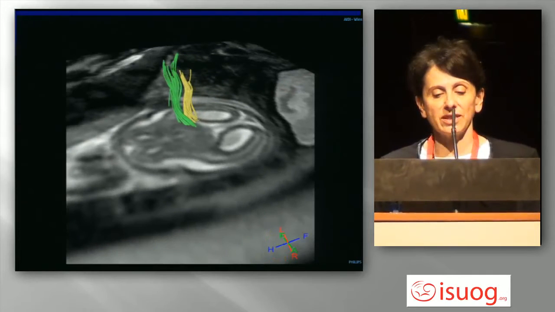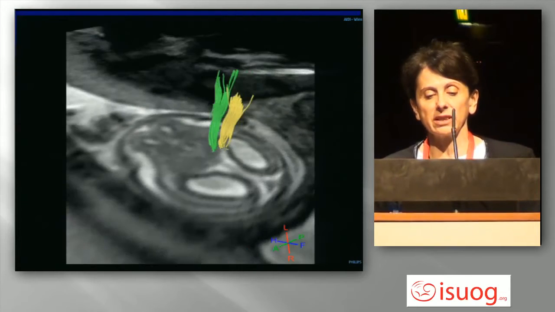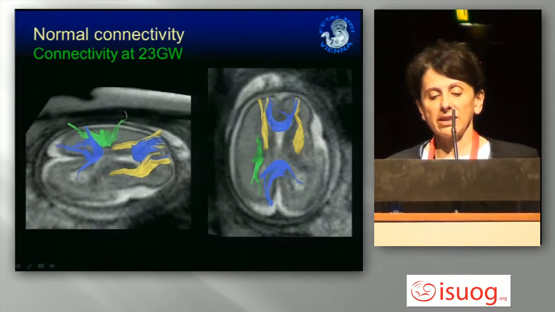That means beginning or middle of the second trimester. You see these tracts, and you can, of course, find the fibers of the corpus callosum.